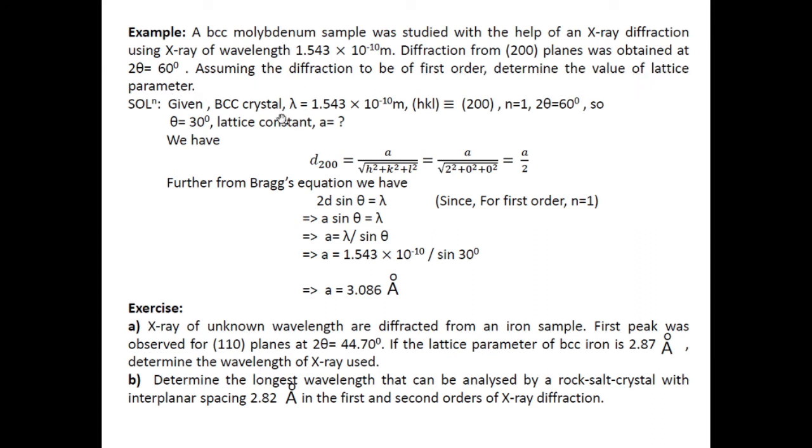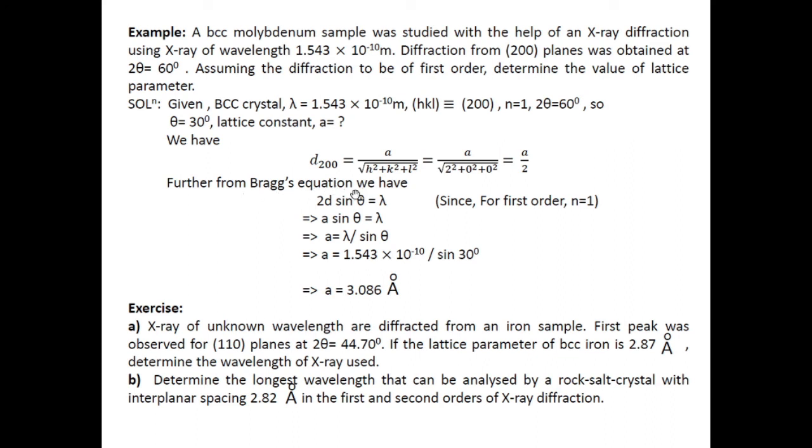Lattice parameter means we have to determine a. The wavelength is given as 1.543 times 10 to the power minus 10 meter. hkl is given as 200, n equals 1, and 2 theta equals 60 degrees, so theta will be 30 degrees. We use the simple formula I gave in the previous slide. d200 equals a by 2.